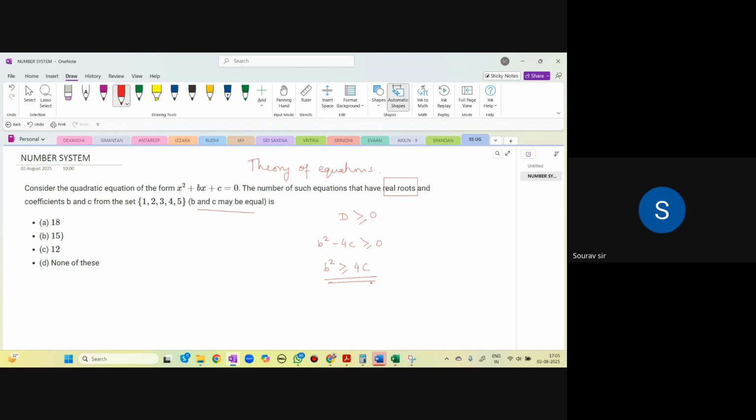What is the second condition they have given? That B and C have to take values from 1, 2, 3, 4, 5. So now, if C is 1, you have to start from C. If C is 1, what would be B?